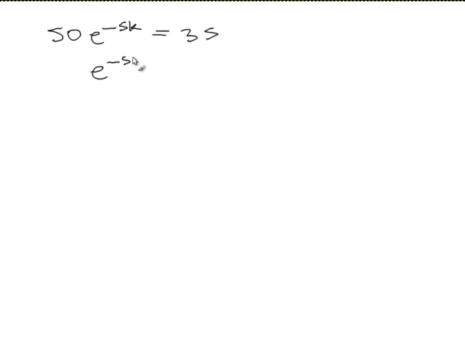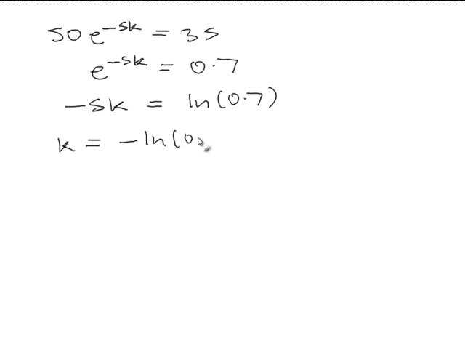Which is likewise e to the minus 5k is 0.7, and taking logarithms of both sides, we have minus 5k is equal to the logarithm of 0.7, so k is equal to minus the log of 0.7 divided by 5, which, to three significant figures, is 0.0713 minutes to the minus 1.